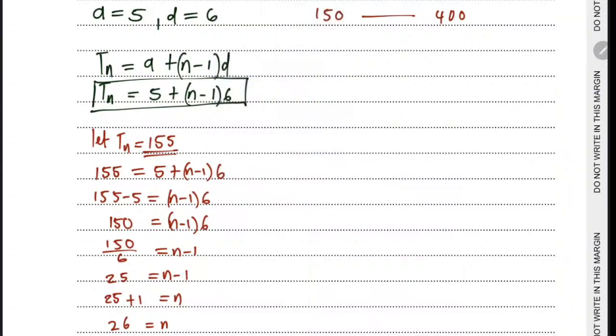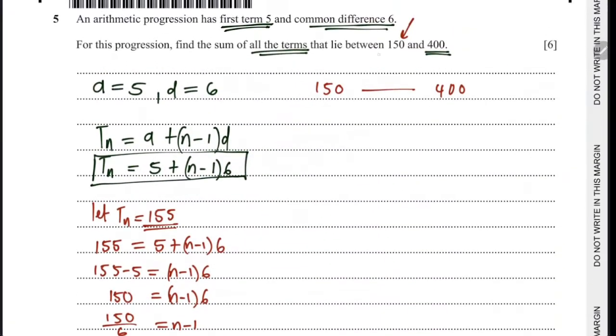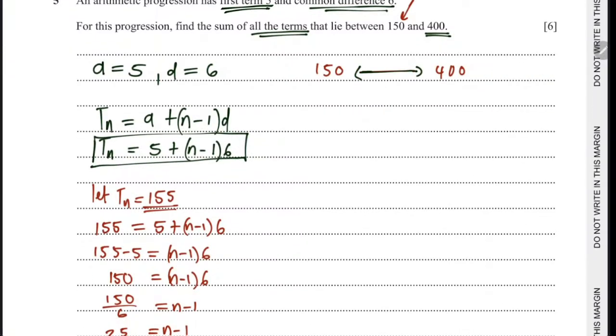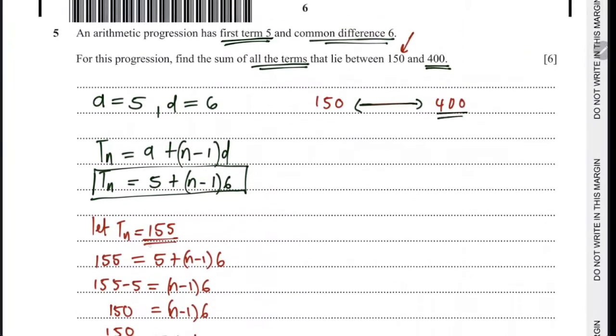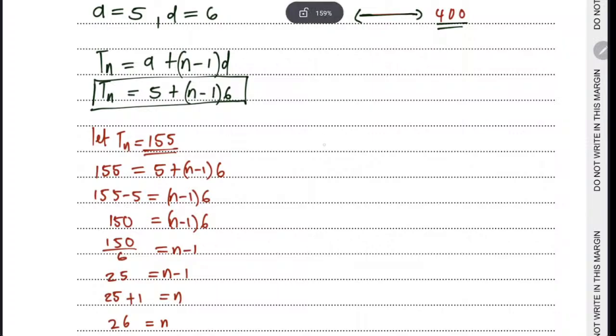Now, we need the next term that will be in this sequence. What value will it have? What term is that? Can 400 fit in this? What is 400 minus 5, then divided by 6?